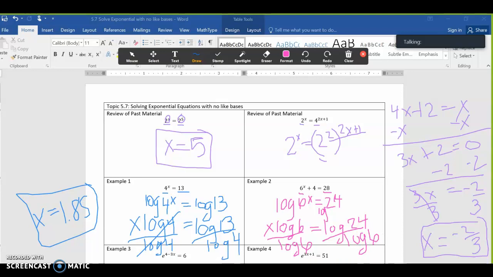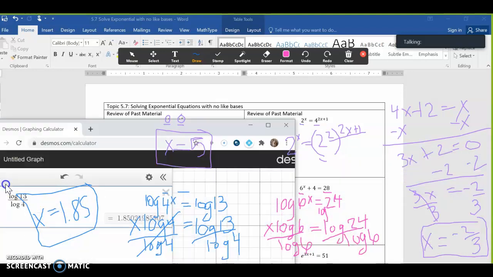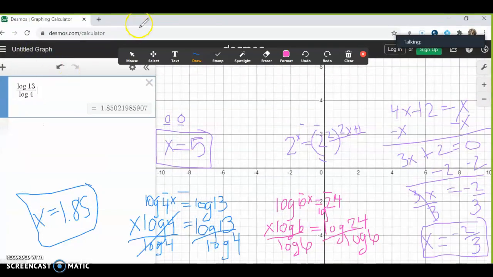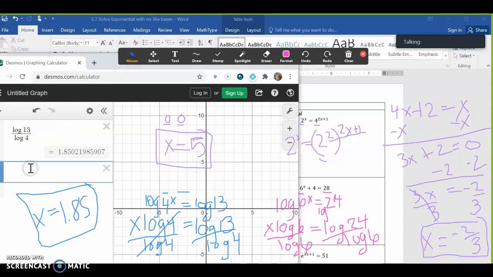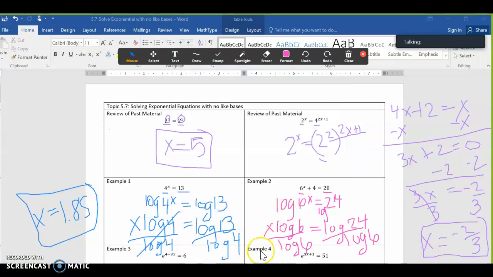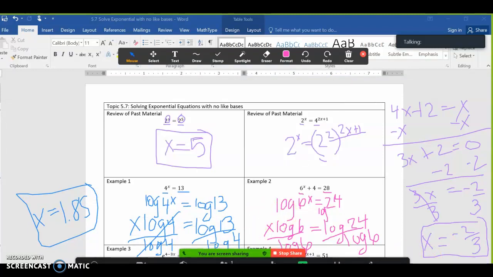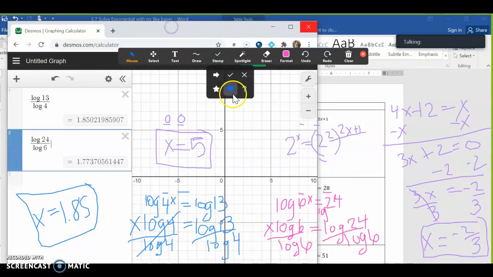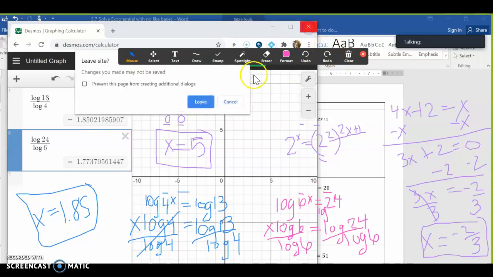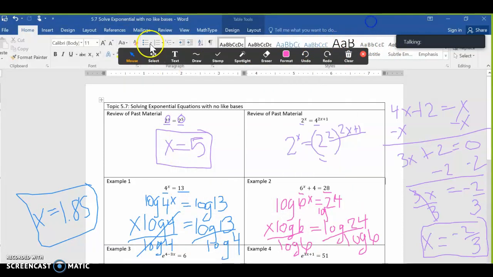And then I'm going to do what I did last time and type it in. So I have the log of 24 divided by the log of 6. That's 1.77. So my final answer is x is equal to 1.77.